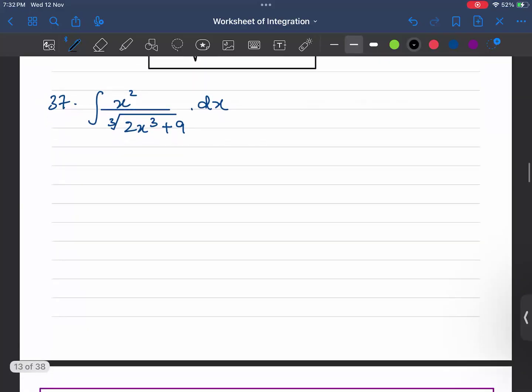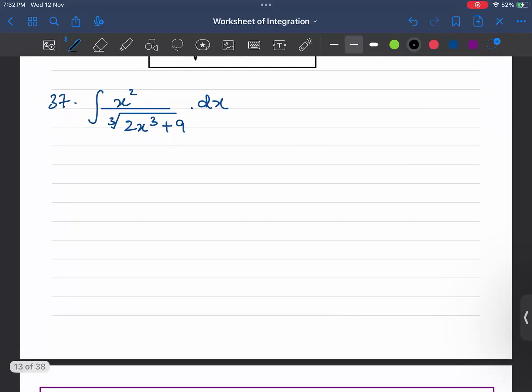Now come to the next question, which talks about x square times the cube root of 2x cube plus 9. I can say u equals 2x cube plus 9. I think it's clear to all. Du upon dx would be 6x square.